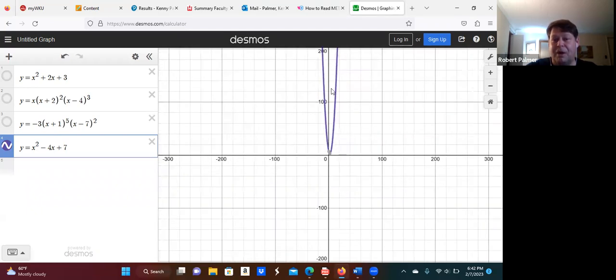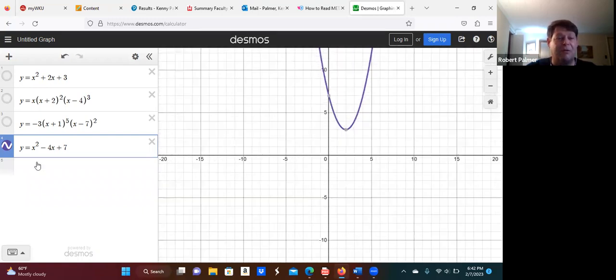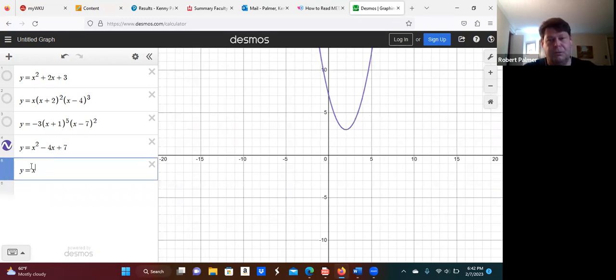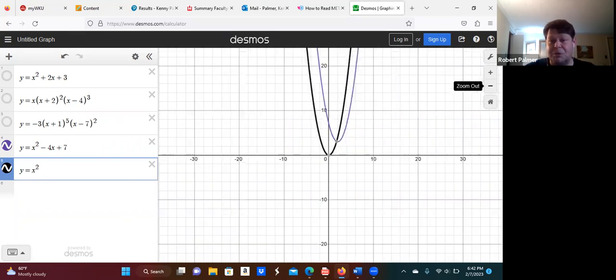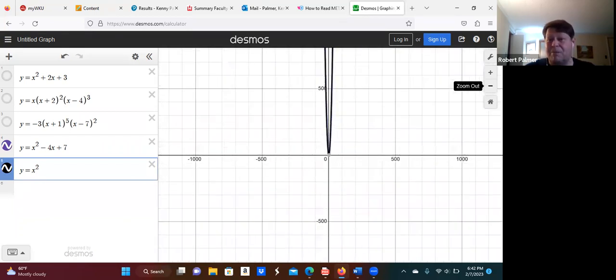Far from 0, it's going up really quickly. Now let's compare that with a graph of y equals x squared. Close to 0, they're quite different, but as we zoom out, we see they're doing basically the same thing far from 0. In both the positive direction and the negative direction, they're both going to infinity.